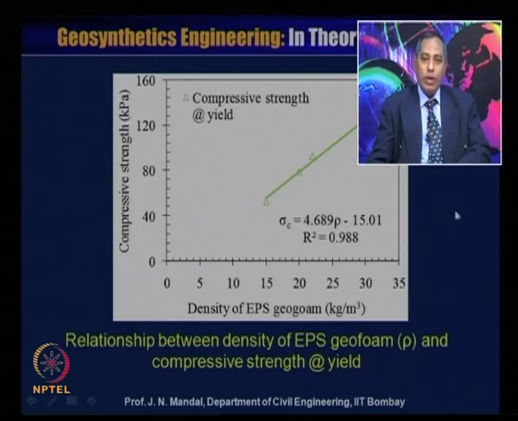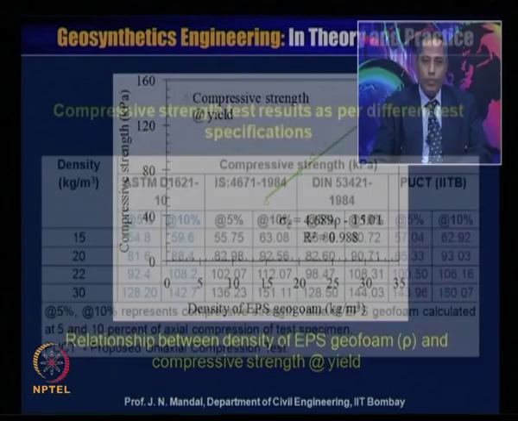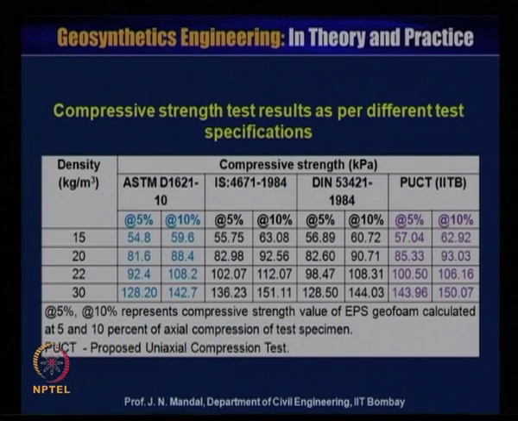So, from this equation also you can calculate the compressive strength at yield. If you know the density of the expanded polystyrene geofoam, you can calculate compressive strength at yield.